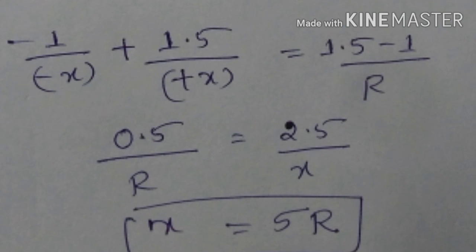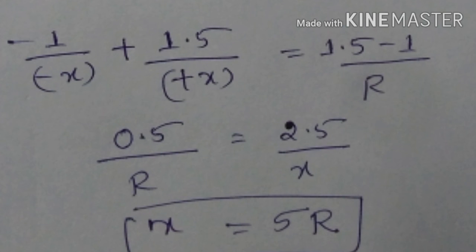If you cross multiply, 0.5 multiplied by x will be equal to 2.5 multiplied by R. Now we want the value of U, the object distance. So, x is equal to 2.5 divided by 0.5 times R, that is 5R. So, the distance for this problem needs to be 5 times the radius of curvature of the sphere.